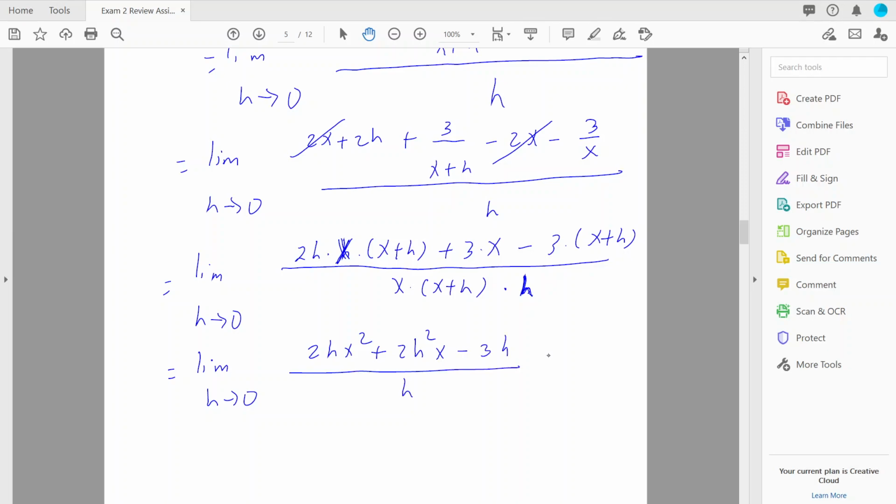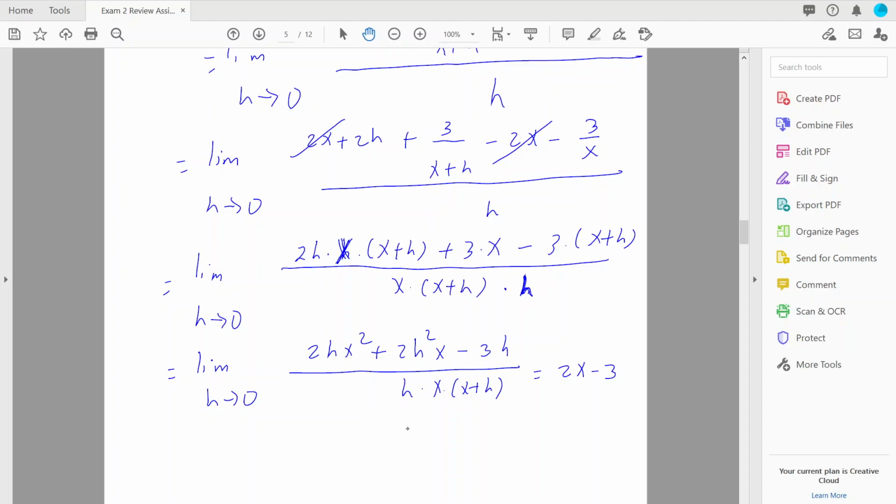This is what you are going to get on the top part. As you can see, on the top part there is an h, an h, an h, so you can just factor out h and cancel with the h on the denominator. And finally, after that, you can put h equal to 0 here, and that will give you 2x minus 3, and remember there is x times x plus h as well on the bottom part.